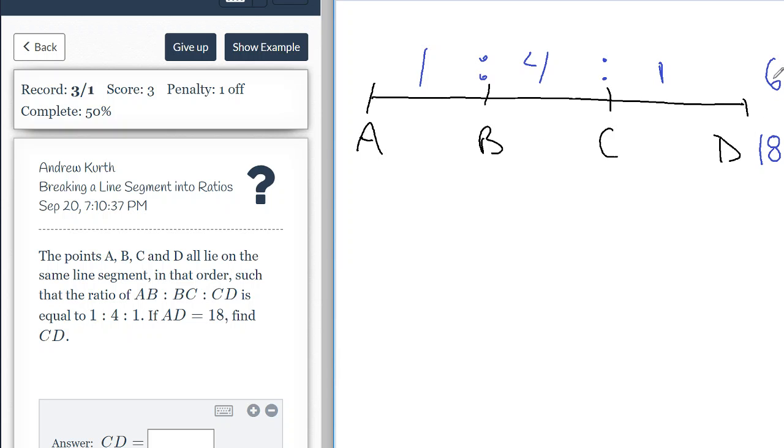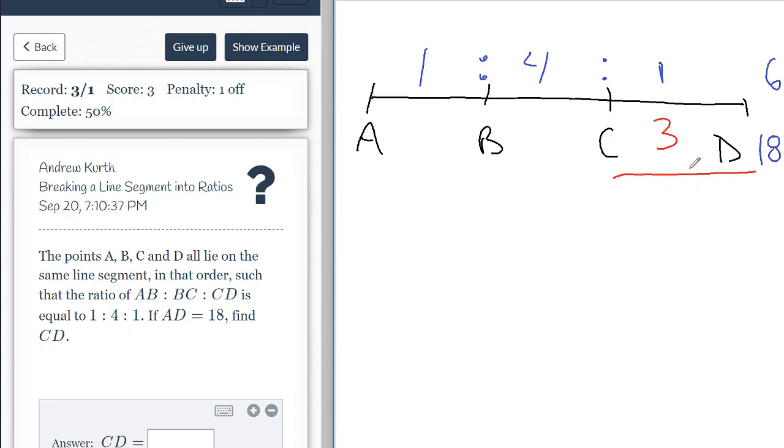So what will happen is all of our fractions here are going to be equivalent with 6 over 18. So that means they're equivalent with 1/3. We could say 1 times 6 is 6. Something times 6 is 18. That something is 3. And that tells me that the actual length from C to D is 3 units.